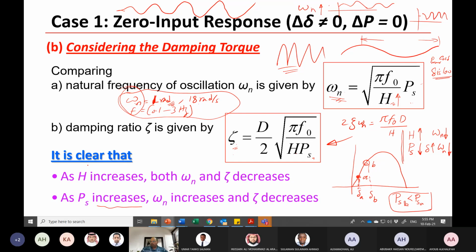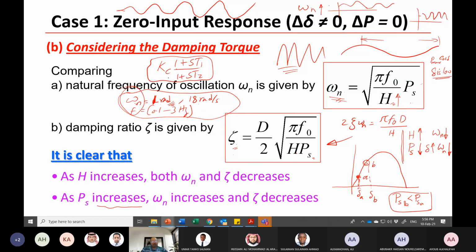Is it clear? If you have any controller like a lead lag controller, K C (1 plus S T1) over (1 plus S T2), just a lead lag stabilizer, which is most widely used in utilities.